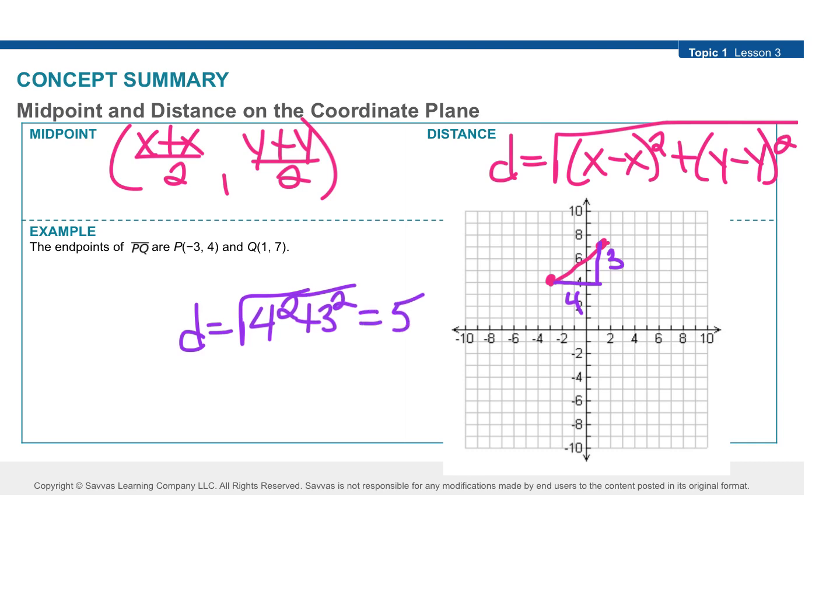And I need you to realize that this is a 3, 4, 5 triangle. We're going to come across those a lot. It's a special triangle. They're called Pythagorean triples. A lot of times if you see a leg of 3 and a leg of 4, you should automatically just know that the hypotenuse is 5.